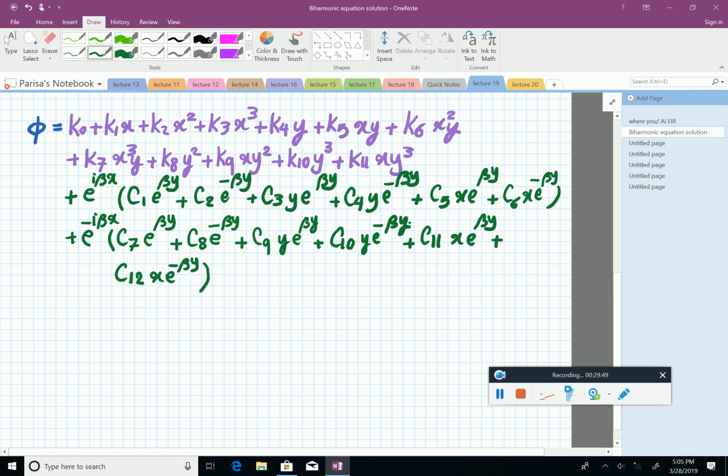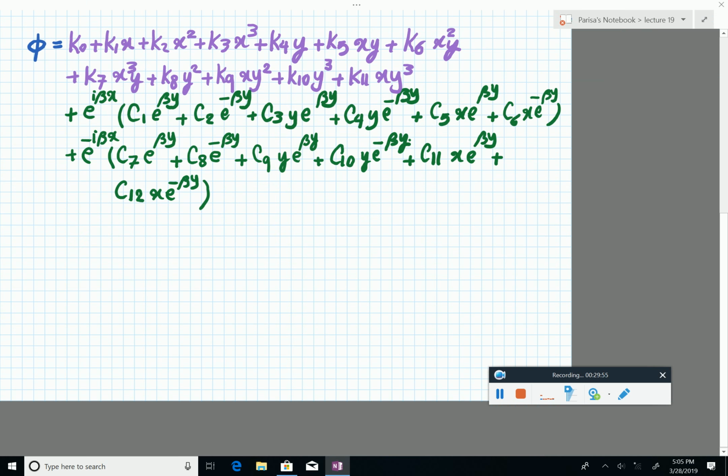Now I'm not going to write it down, but sometimes you see this solution with sine and cosine, and the way you can go from this form to sine and cosine is to use these relationships from, for example, Euler's formula. So I just write this down here in case you see a solution and you don't know where those are coming from.